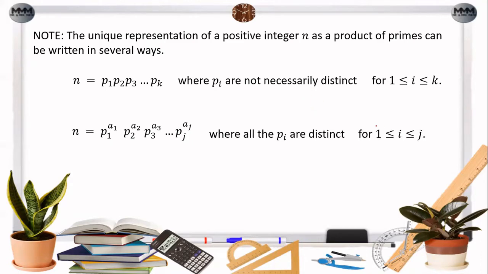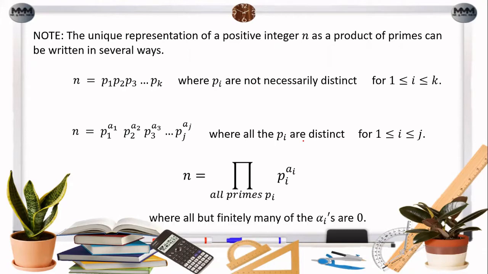For i greater than or equal to 1, but less than or equal to j. So in general, we have here the formal product, the positive integer can be written as this one. Actually, this is the Cartesian product of all primes p sub i raised to a sub i. By the way, where all but finitely many of the a sub i's are 0.